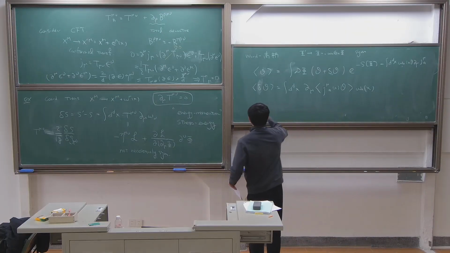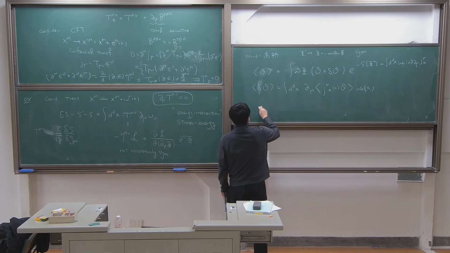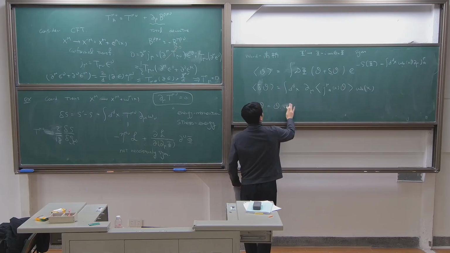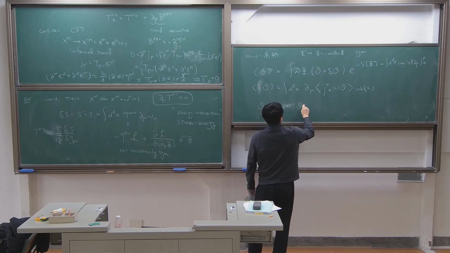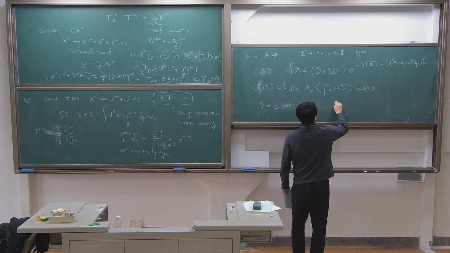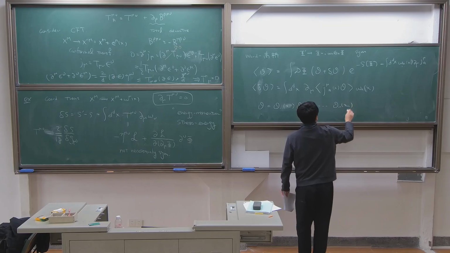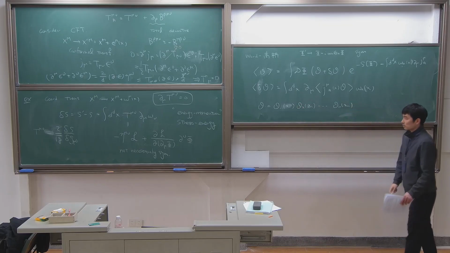Okay, and suppose the operator O is something like O1. I didn't write down the explicit form of O, but suppose you have a bunch of products of point operators, O1 at x1 up to On at xn, and suppose O is something like this.